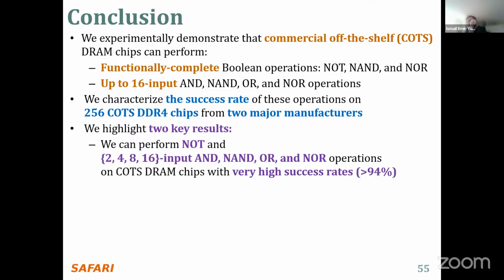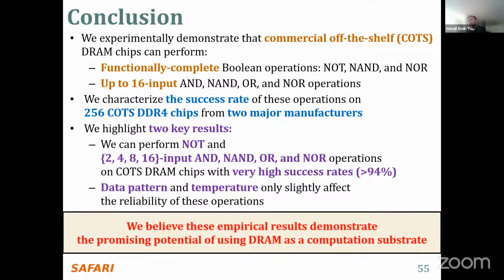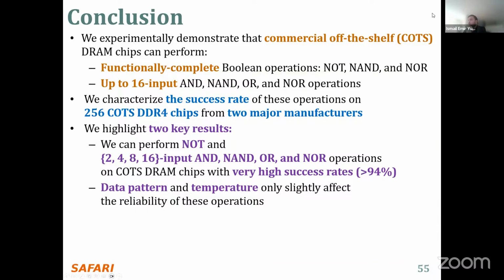And we observe that off-the-shelf DRAM chips can perform NOT and 2, 4, 8, and 16 input AND, NAND, OR, and NOR operations with very high success rates. And data pattern and temperature only slightly affect the reliability of these operations. Our hope and belief is that these empirical results demonstrate the promising potential of using DRAM as a computation substrate.